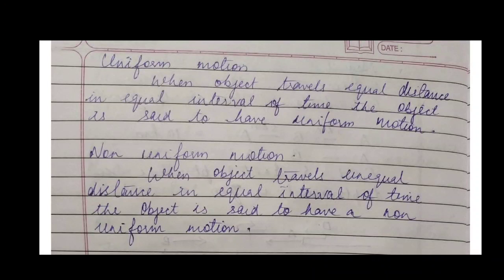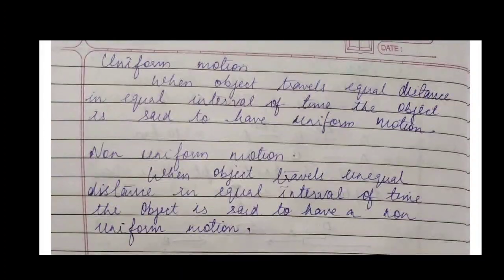If the train has reached a position with equal distance, suppose it has traveled 10 kilometers in 20 minutes, we can say that it is in uniform motion. The first 10 kilometers from position O to A, 10 kilometers in 20 minutes. From position A to B, again 10 kilometers in 20 minutes.